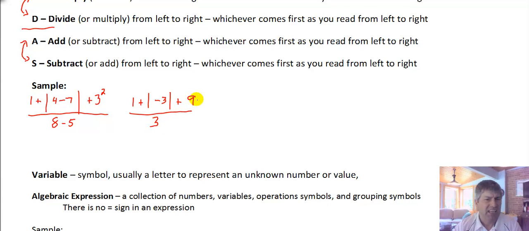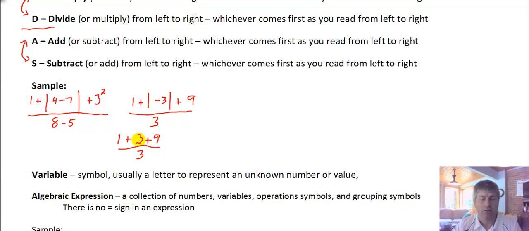Now we can't cancel the 9 and the 3. That would violate our order of operations. We can't make negative 3 plus 9 because that would violate the order of operations. We have to apply this absolute value first. So applying the absolute value, we end up with 1 plus a positive 3 plus 9 over 3.